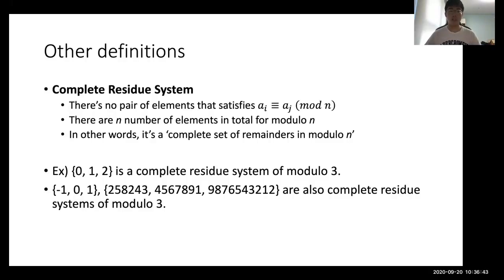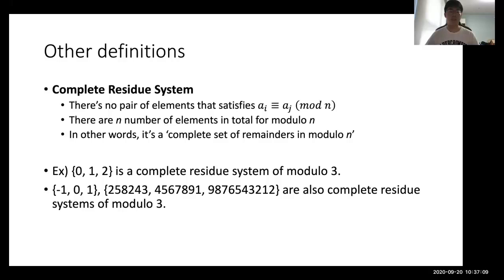Let's take an easy example. In modulo 3, 0, 1, and 2 form a complete residual system because there's no pair of elements that satisfies Ai congruent to Aj, and there are 3 elements in total. So we can say that this is a complete residual system for modulo 3.